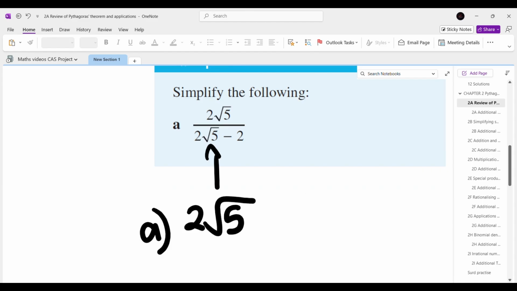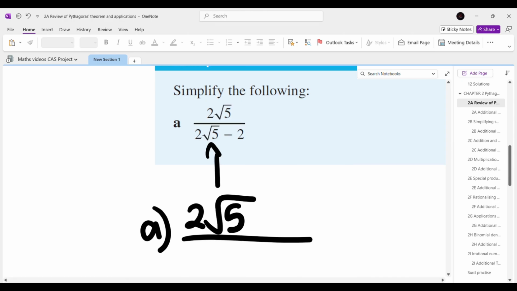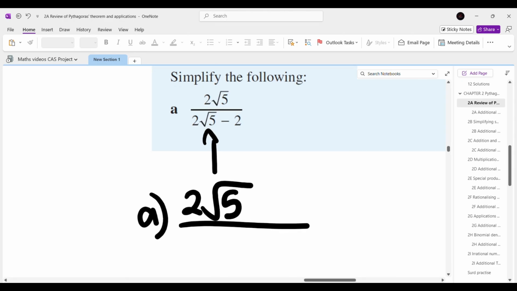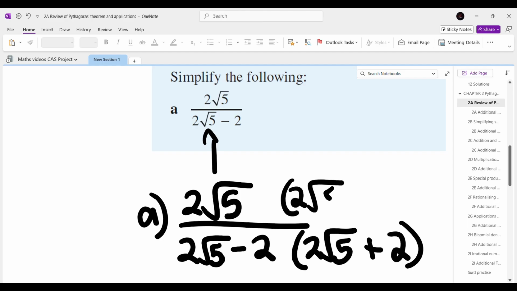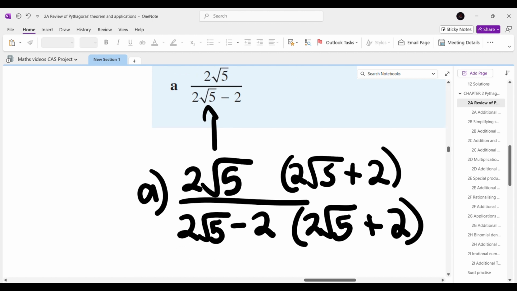In this instance, we have 2 over root 5 minus 2. So we can actually multiply both by root 5 plus 2, because as these are the difference of two squares, we do the denominator and the numerator.